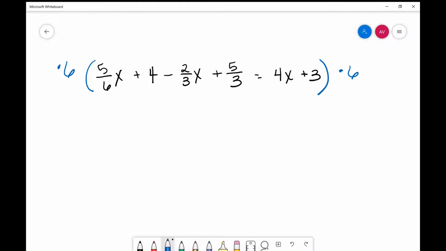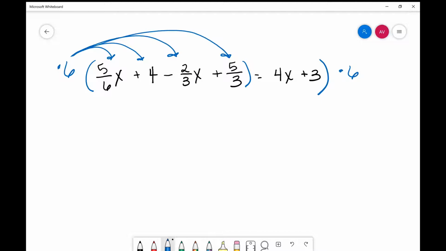If what I do to the left side, I also do to the right side, our equation is still balanced and we're good, okay? So I'm going to multiply both sides by 6. What you have to remember when you're dealing with multiple terms is that every single term gets multiplied by 6. So we're going to distribute the 6 into every term.